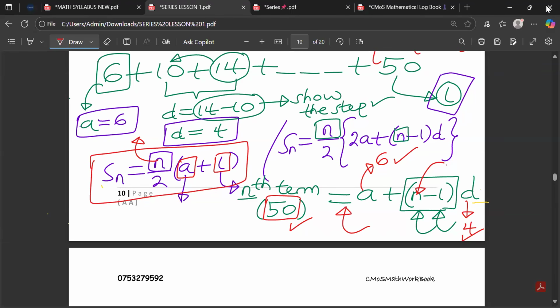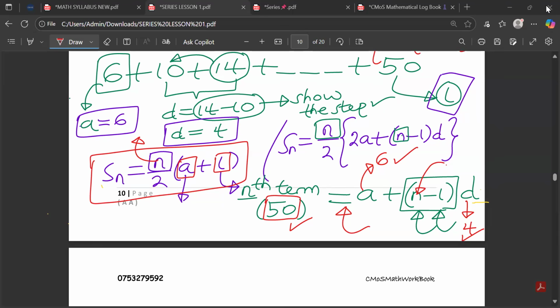Do you people need me to show the working, or the interpretation is okay? Have you people seen the trick? I first wrote the formula for the sum of the first n terms, or that formula for total sum. And I realized I have everything I can substitute apart from n. Then when I looked at all the information provided, I could make use of the nth term.